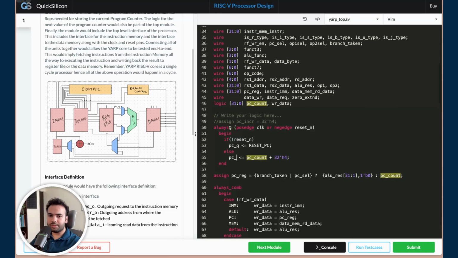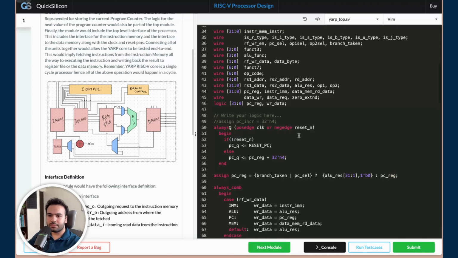So this would also be PC underscore Q. And the next value which this will feed will come from the entire mux logic here, which is basically this statement. So let's do that. So instead of PC count, this would be PC reg. And let's change this count to be reg. And we have removed count, so this would again be reg.